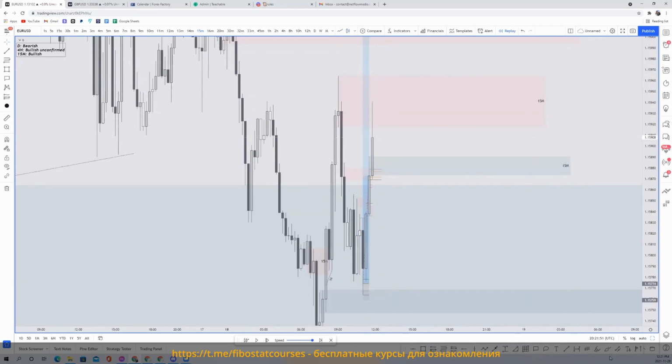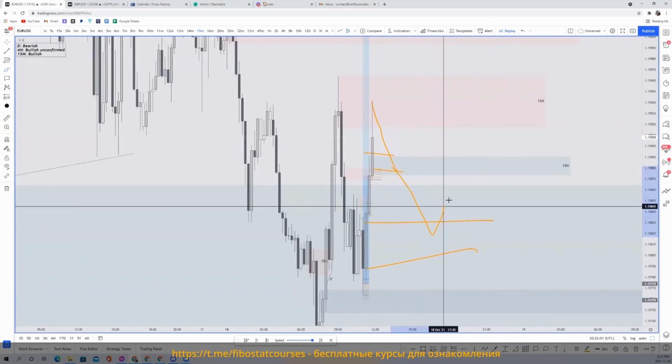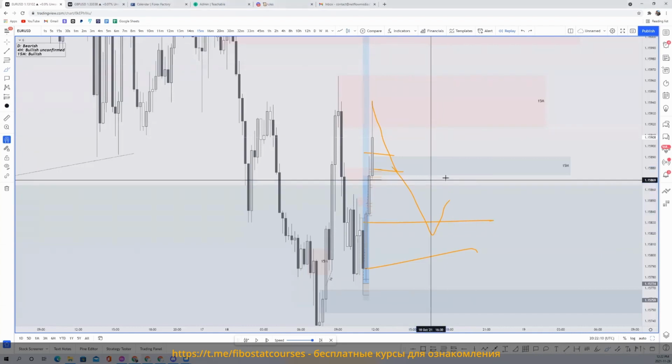So you're almost better off waiting for this supply to react. Wait for one of your POIs, whether that's this wick or it comes back down here. Wherever this wants to come down, you want to wait for one of these higher time frame POIs. And as long as that's getting hit, that's a higher probability trade.